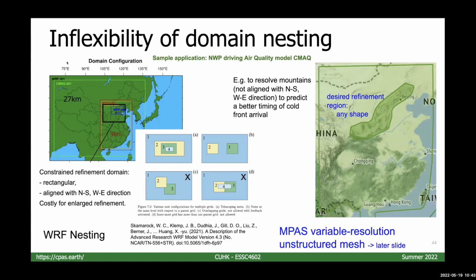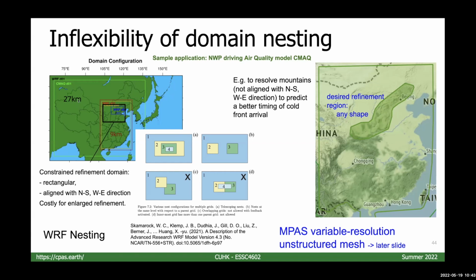Now we talk about domain nesting. I will say that there is inflexibility in domain nesting. This figure is from the user guide or the documentation of WRF. When you add a nested domain to a coarser resolution domain, like this one, the outer domain has a resolution of 27 kilometers.